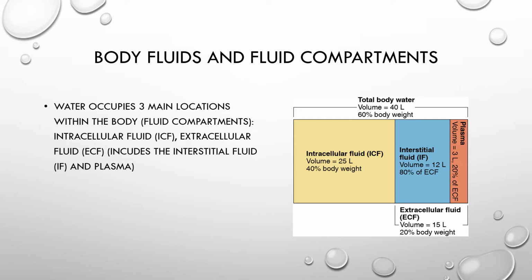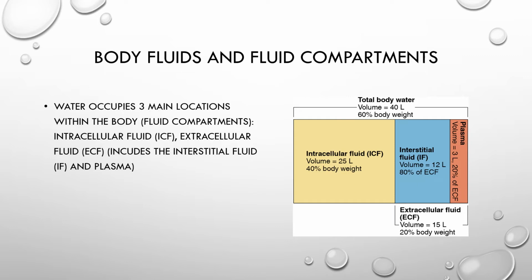Water is a universal solvent within which all solutes, including very important electrolytes, are dissolved. So water occupies three main locations within the body, referred to as fluid compartments. About 2/3 of body fluid, the intracellular fluid, is contained within living cells. The remainder, called extracellular fluid, includes all body fluids located outside the cells.